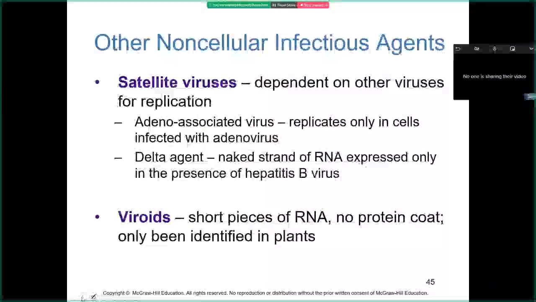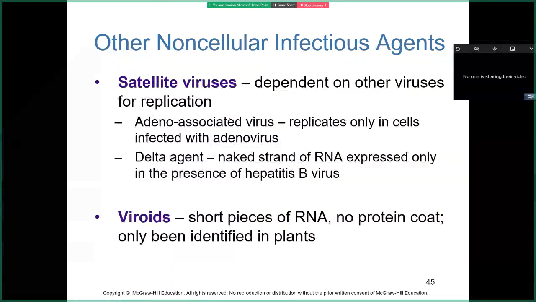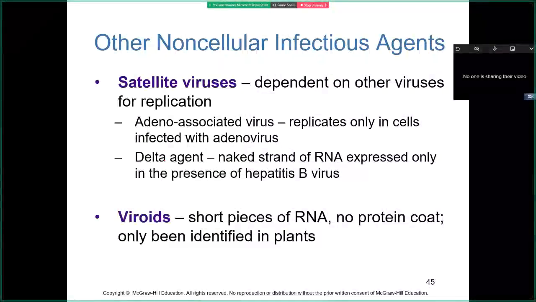And then we've got these other types of infectious agents, some of which don't really even cause symptoms, but we see them showing up in cells and multiplying. So satellite viruses are short little pieces of genetic material. Got adeno-associated viruses. We have this whole class of adenoviruses which cause symptoms in the upper respiratory tract, similar to what we see in the common cold and other somewhat more severe viruses.